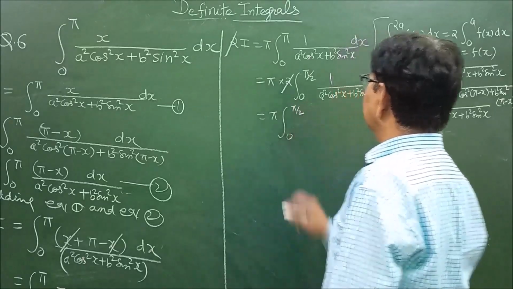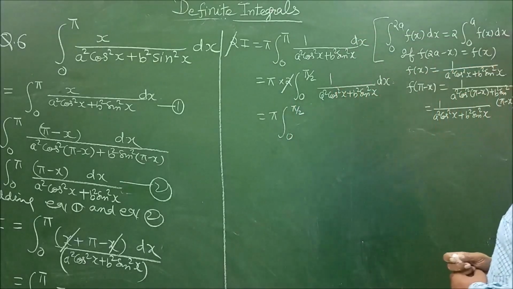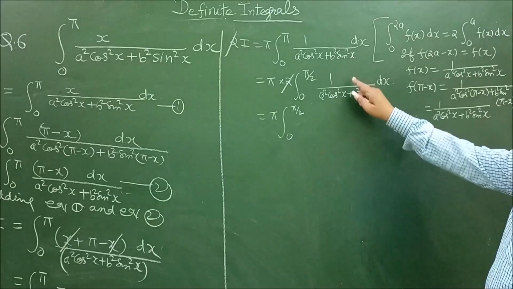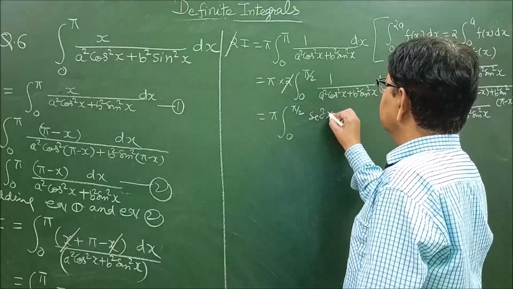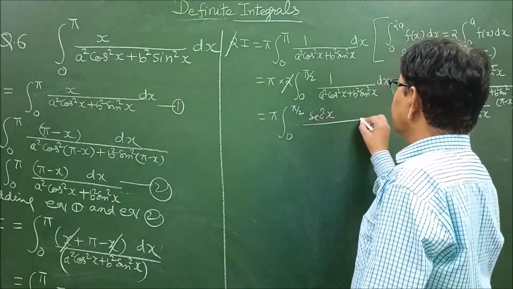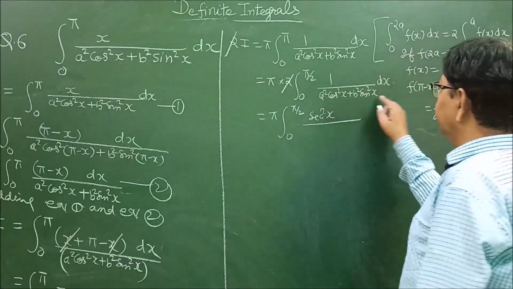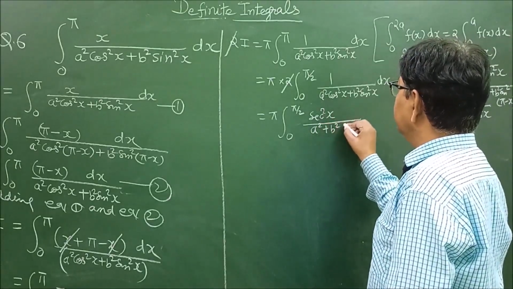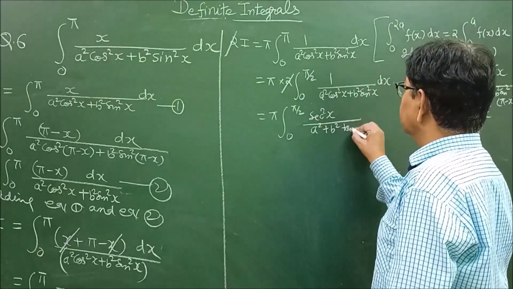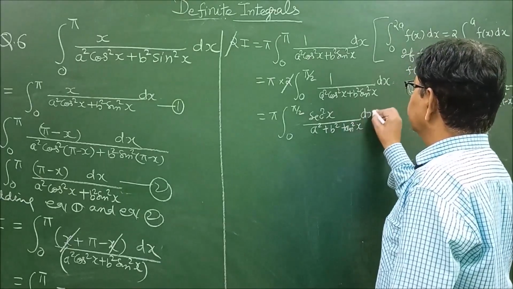On dividing by cos square x, we get sec square x in the numerator, and in the denominator a square plus b square tan square x, dx.